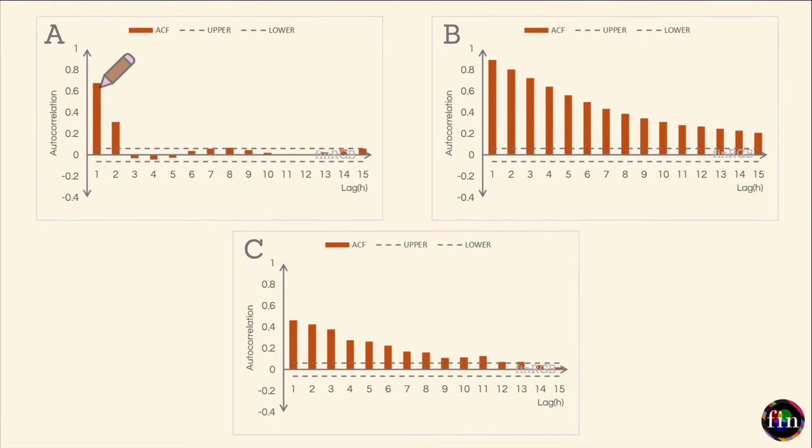This drop of my autocorrelation down to 0 beyond this lag of 2 is rather abrupt. And this sort of behavior, in which the autocorrelation abruptly decays to 0 beyond a certain lag, is demonstrated by moving average processes, MA processes.